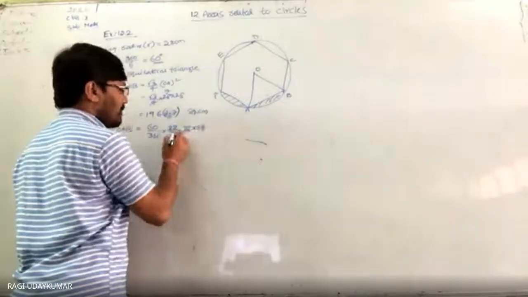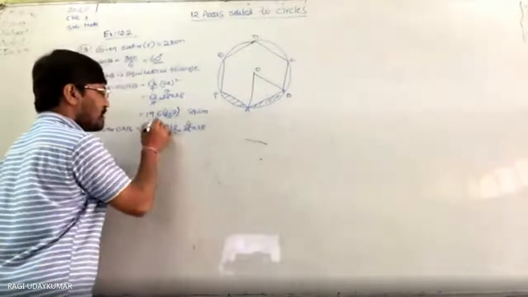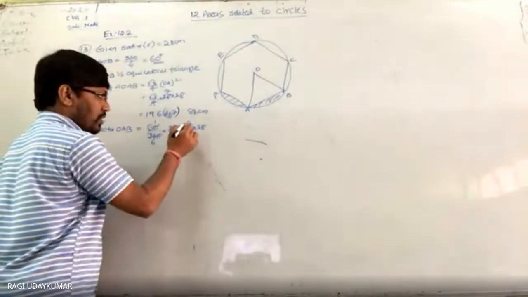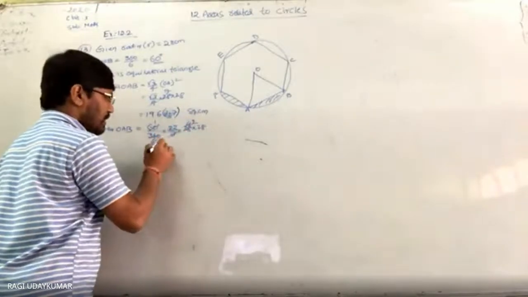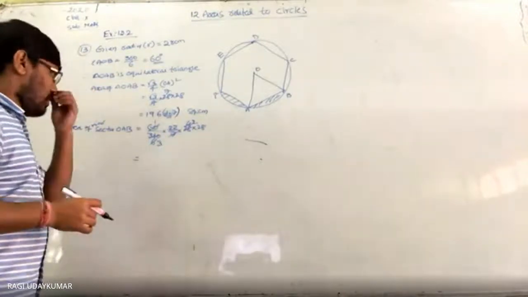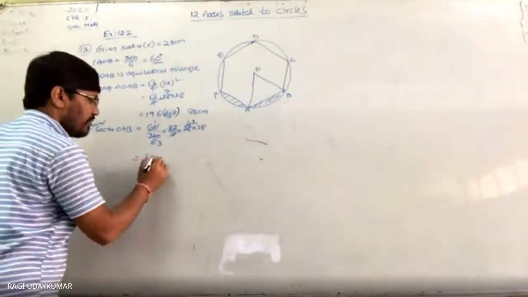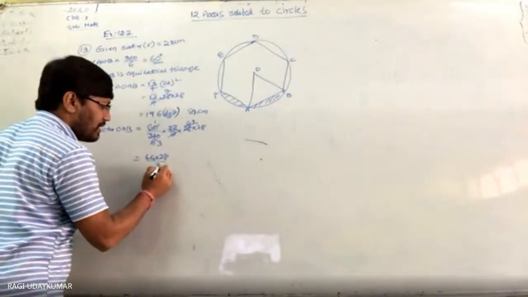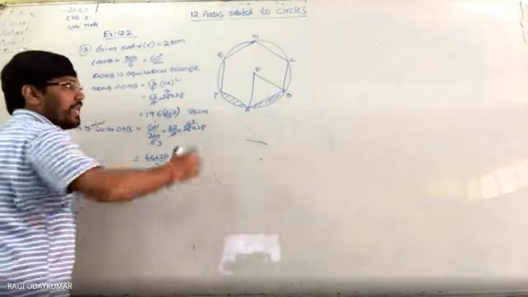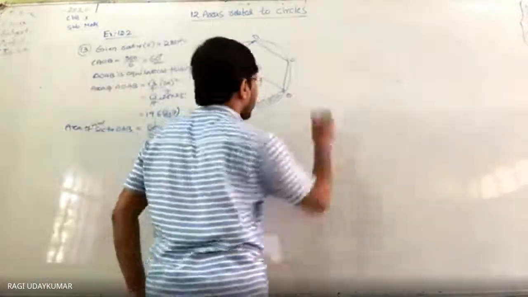R is equal to 28 into 28. 7 minus 7 4 7. 60 minus 66. So we are going to get 44 into 28 divided by 3 square centimeters. So area of each one design.